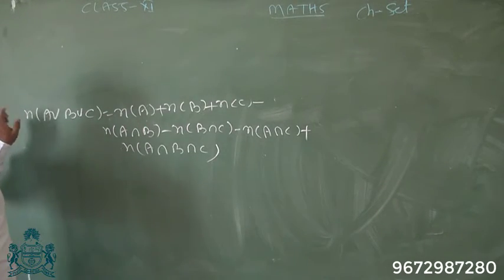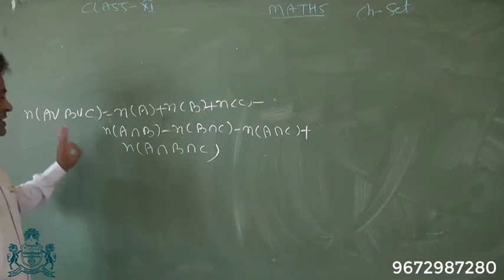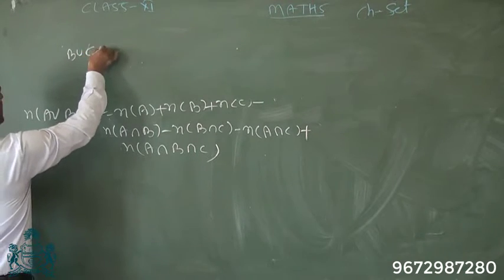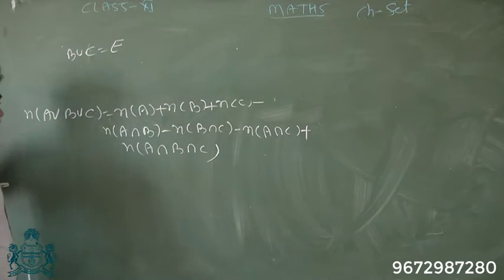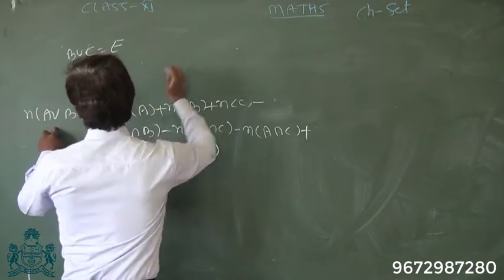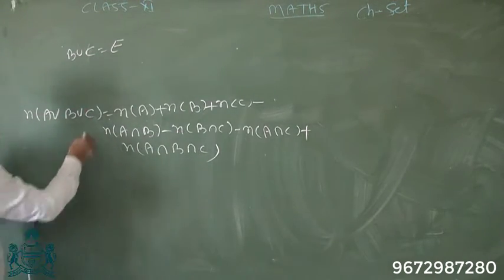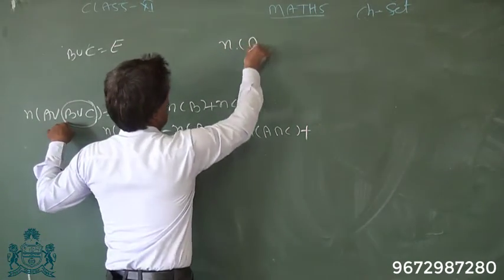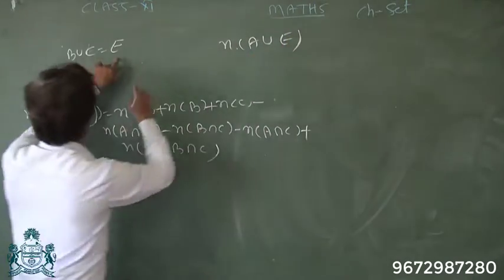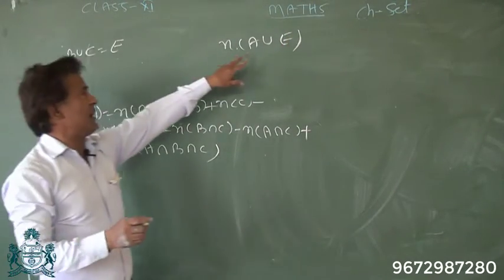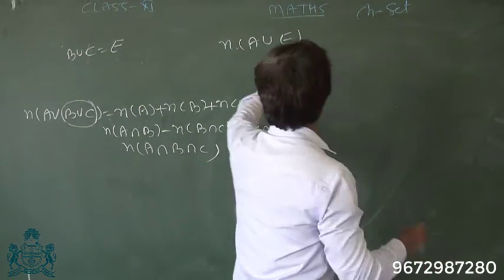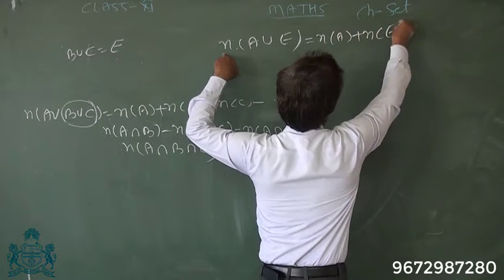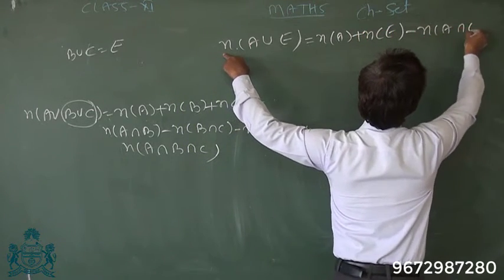To prove n(A union B union C), firstly let me suppose B union C is set E. Then n(A union B union C), in which we have considered B union C as set E, will change into n(A union E), where E is set B union C. Now we will apply the formula of A union B in this, so it becomes n(A) plus n(E) minus n(A intersection E).